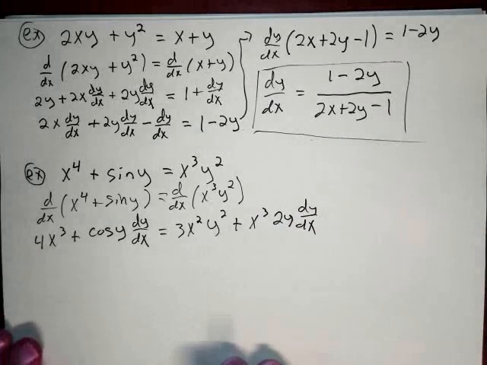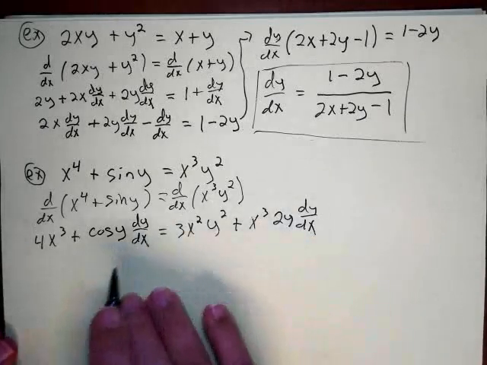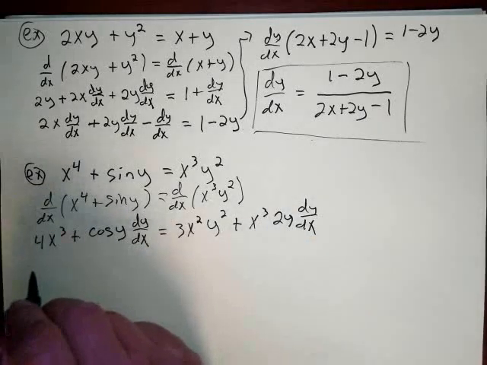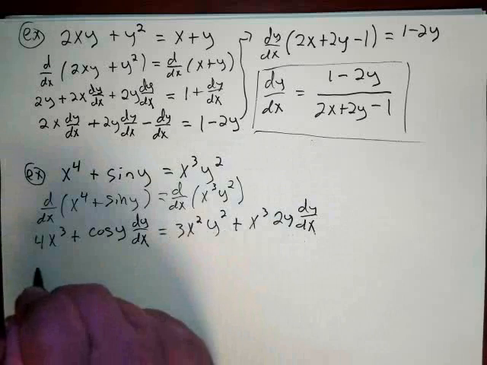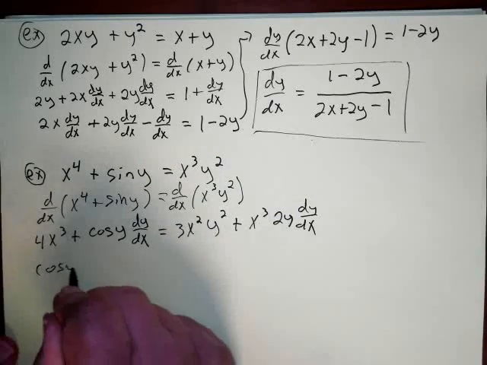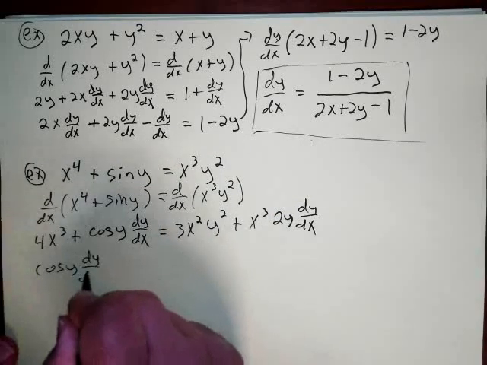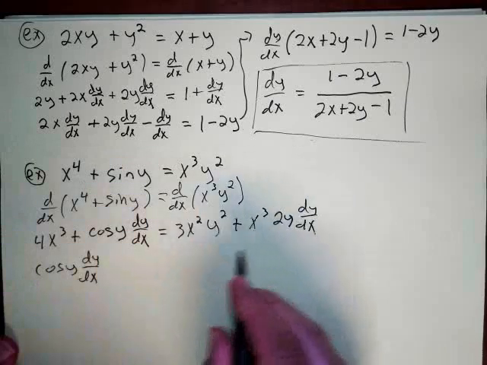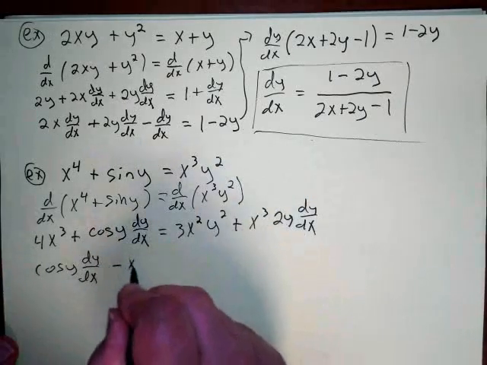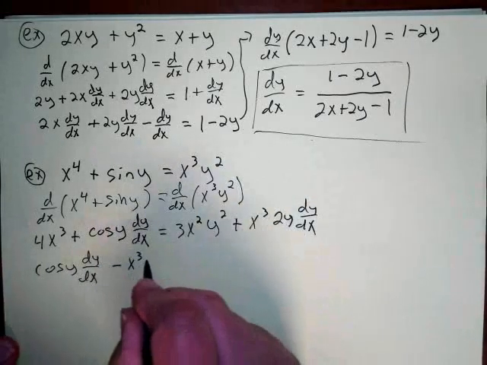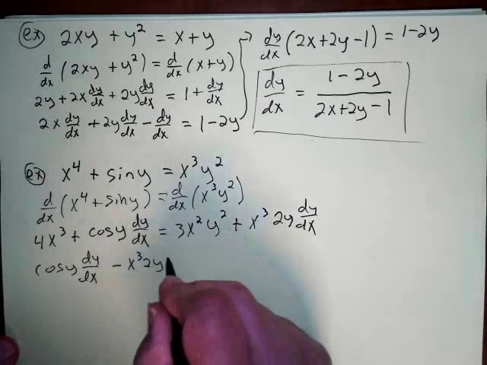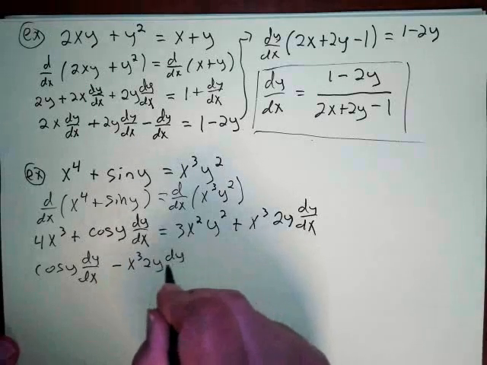So now I need to bring everything with the dy dx to one side, and so I'm going to get cosine y dy dx. And I'm going to bring this over, minus x cubed 2y dy dx.